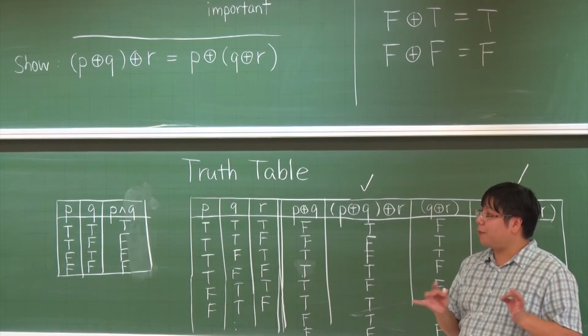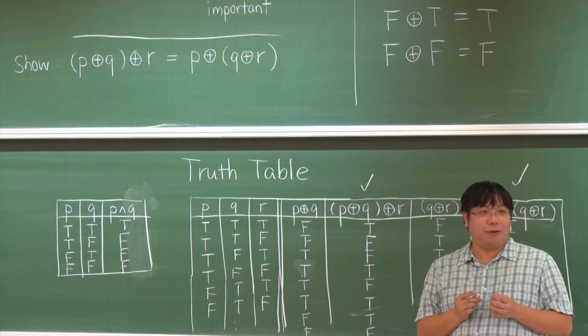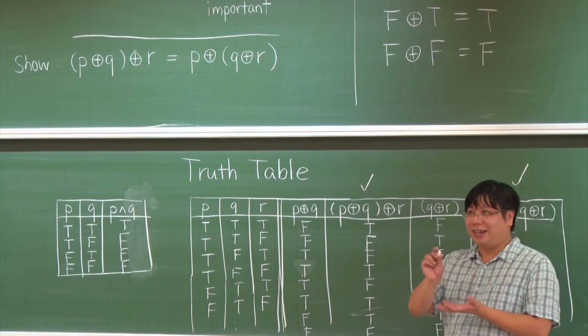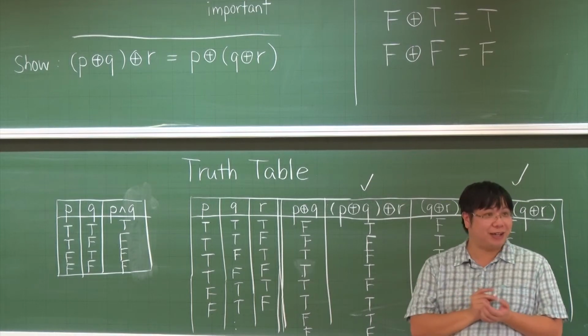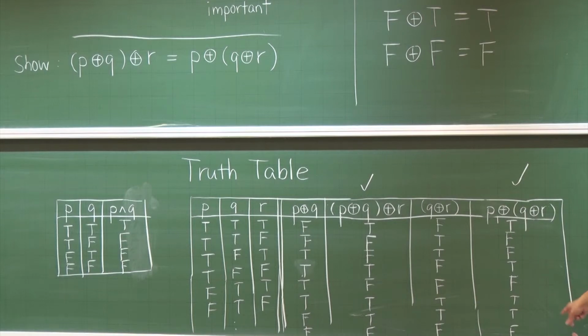But when the number of variables gets larger and larger, we will need to look for other ways to simplify the proof. Okay, is that okay? We will talk about this more later, but at least at this moment the truth table works for us pretty nicely. Now let's take a look at the exclusive OR.